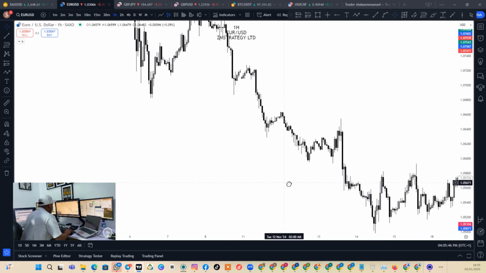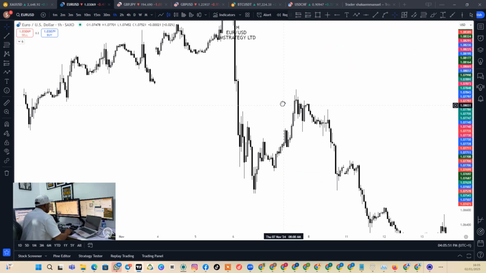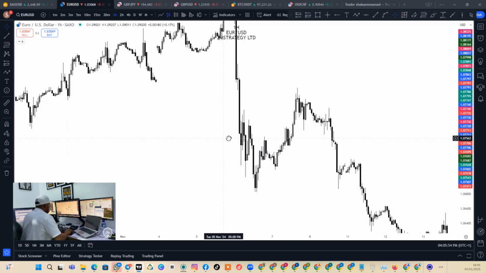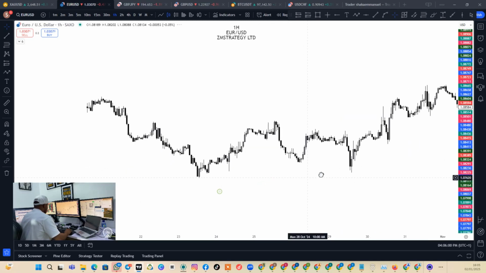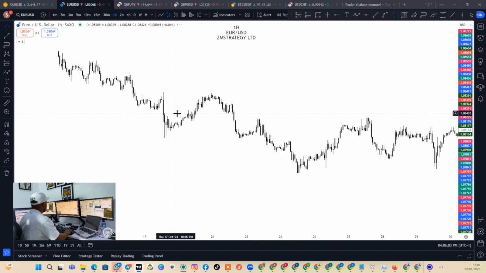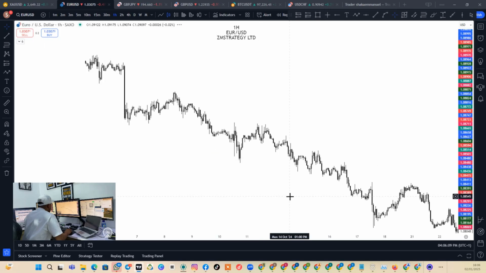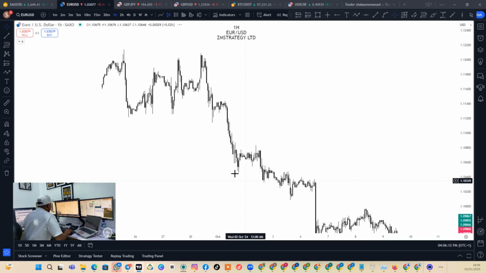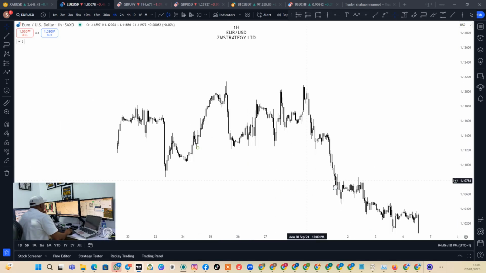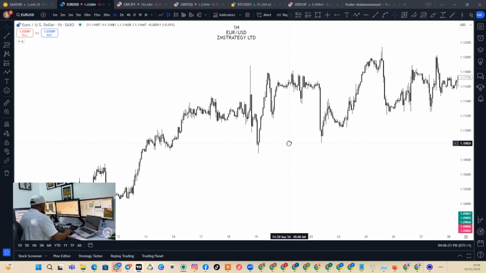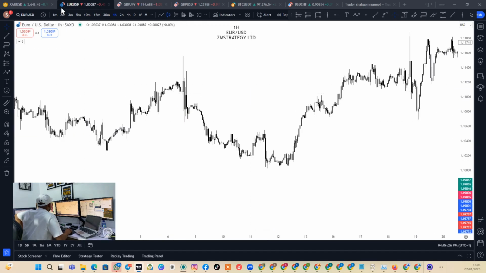I'm looking for this. I don't see it. Okay, not this one. Let's look for an inducement liquidity. When you are looking for these things, you will not see it.